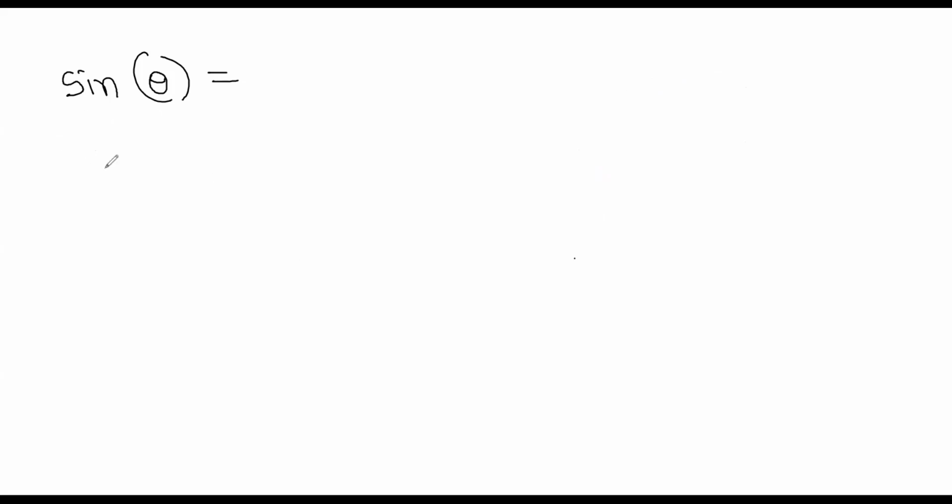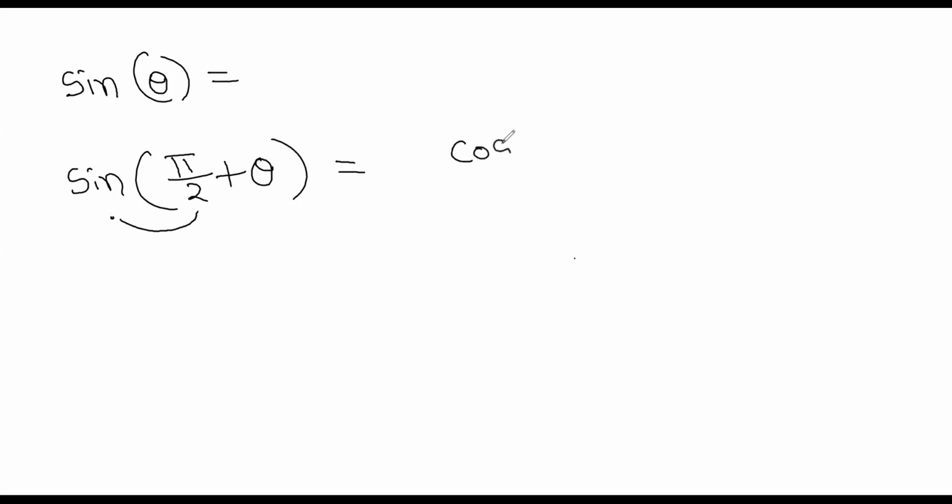Any trigonometric ratio, here we have sine of pi by 2 plus theta. Any trigonometric ratio with pi by 2 plus theta always changes to its co-function, not only for sine.